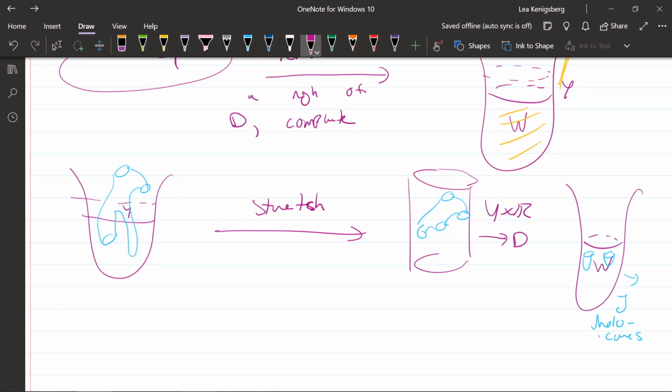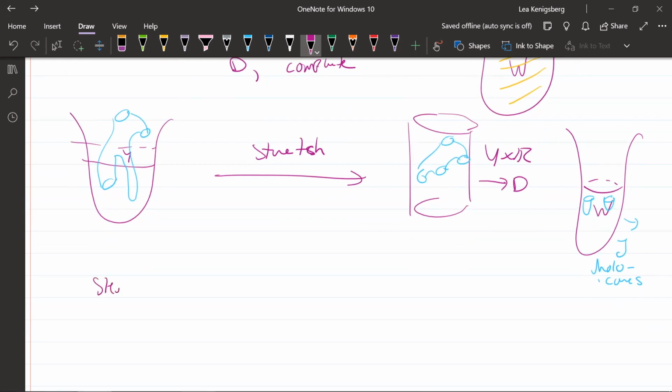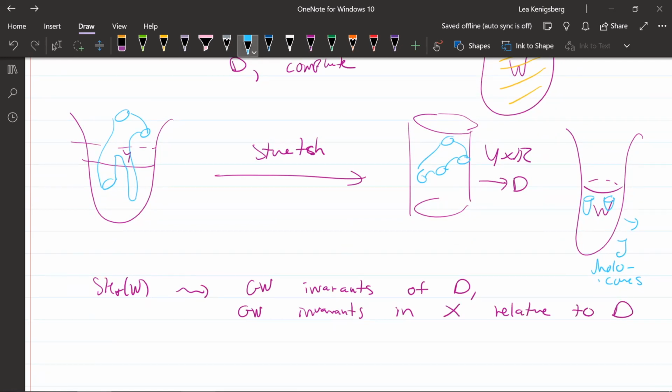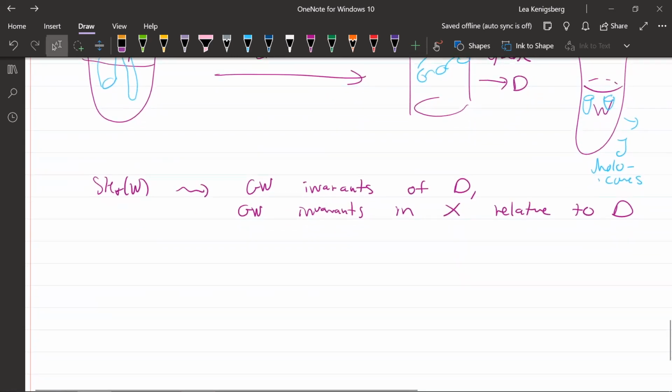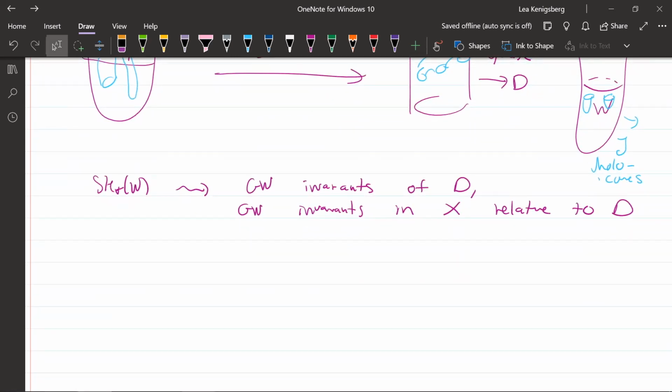So the punchline is that the symplectic homology of W you relate to Gromov-Witten invariants of the divisor, and then Gromov-Witten invariants in X relative to D. So these are going to be some curves in here which have contact order tangency to D. Because the Hamiltonians are highly degenerate, and also time independent, the kind of curves you actually have to consider are more spiked curves, which are augmented.